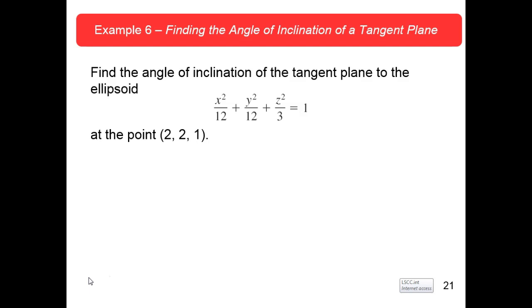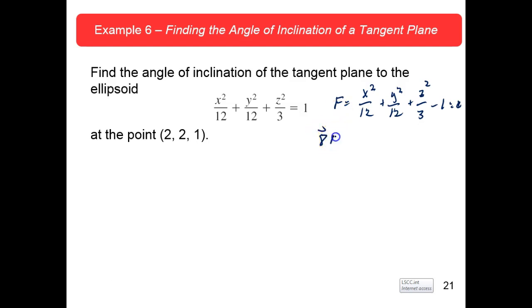So let's rewrite this. Now, you always really should do this, but it usually doesn't make a lot of difference. The function f is x squared over 12 plus y squared over 12 plus z squared over 3 minus 1 equals 0. You really need to write it that way. And then do the gradient.